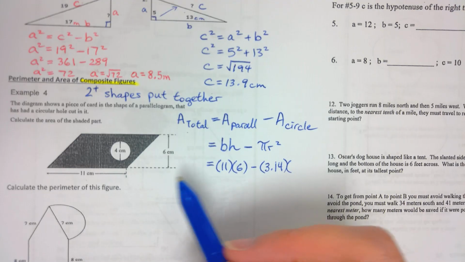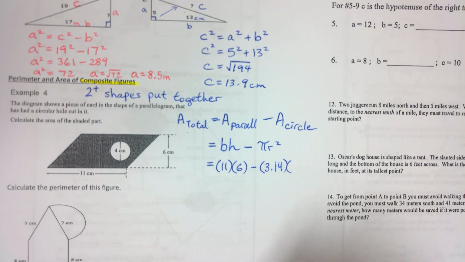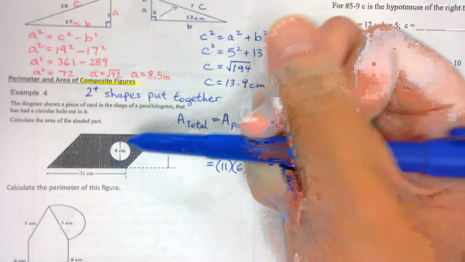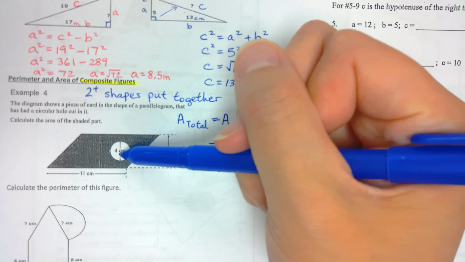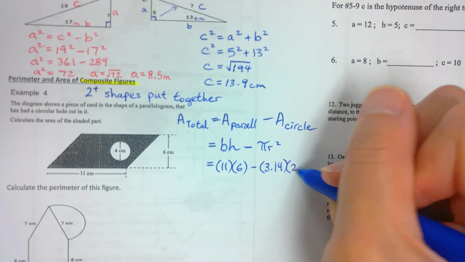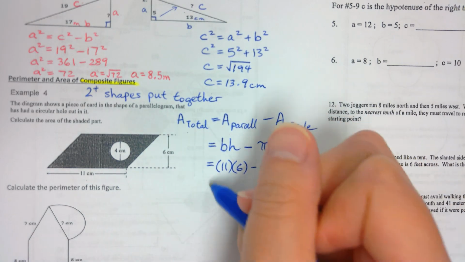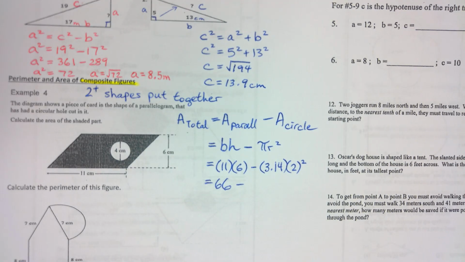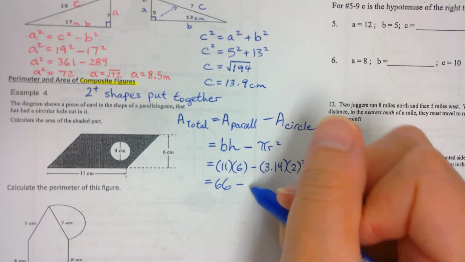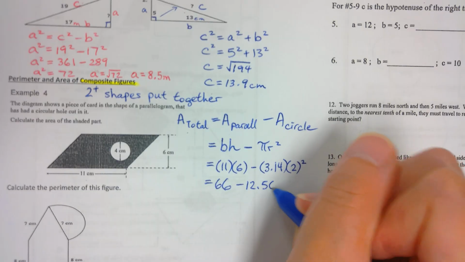And what's the radius of the circle? 2. Carson, where did you get 2 from? Half the diameter. So this is a diameter of the circle. Radius is half of it. So it's actually 2. Right? So 66 minus 3.14 times 2 times 2, I get 12.56.